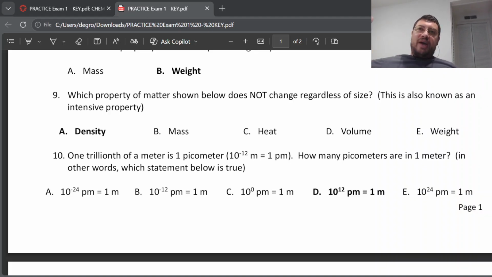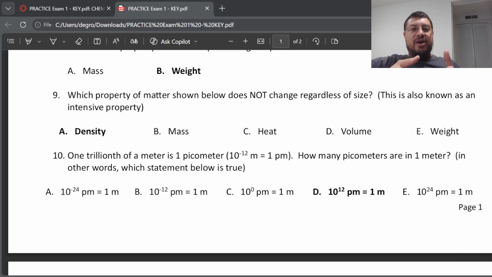But if I had a meter stick, there's 100 centimeters on it, right? So each part of the ruler is 1/100th of a meter. Okay, 1 centimeter is 1/100th, 10 to the minus 2 of a meter. But if I go the span of a whole meter, there's 100 of those little centimeters.